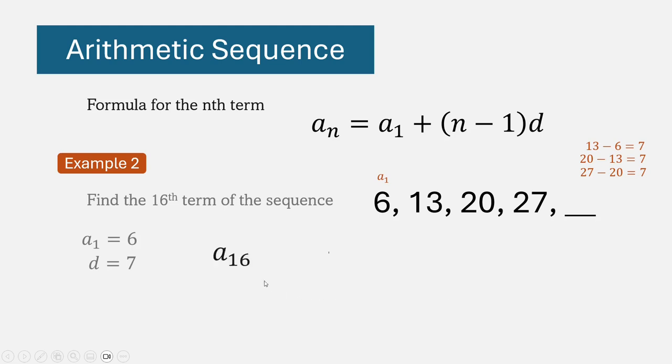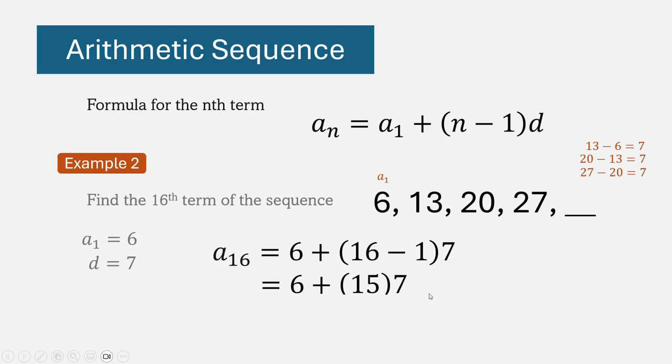So proceed. a sub 16, since we are looking for the 16th term, is equal to the first term, which is 6, plus n, which here is 16 minus 1, multiplied by the common difference, which is 7. So this is 6 plus 16 minus 1, that is 15 times 7.